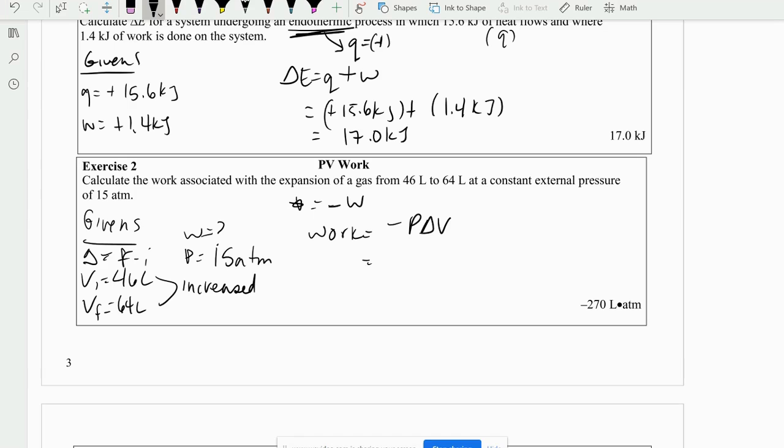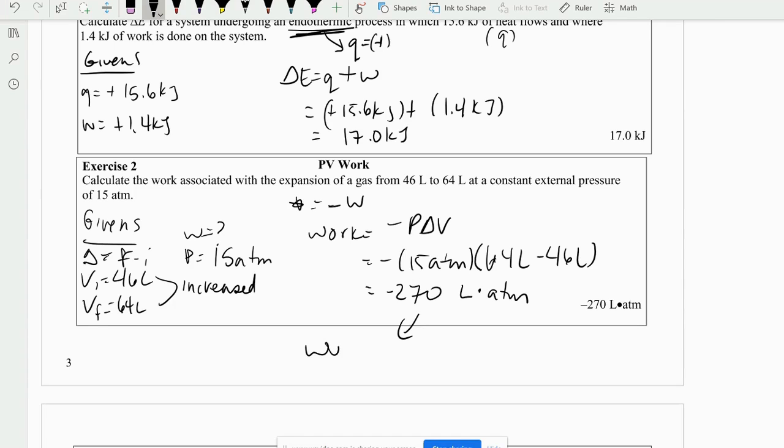You know that the pressure is 15 atmospheres, and then the delta V, final minus initial, is 64 liters minus 46 liters. Do the calculation. Don't forget that negative sign. You're going to get negative 270, and don't forget liter-atmospheres is the correct unit. Again, what does this mean? Work is done by the system to the surroundings.